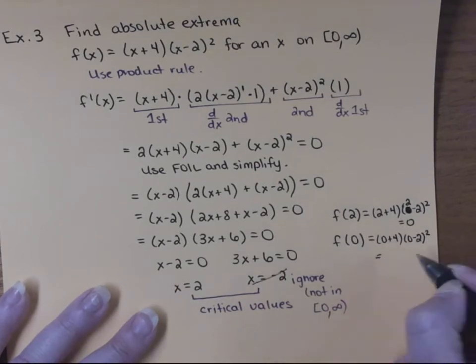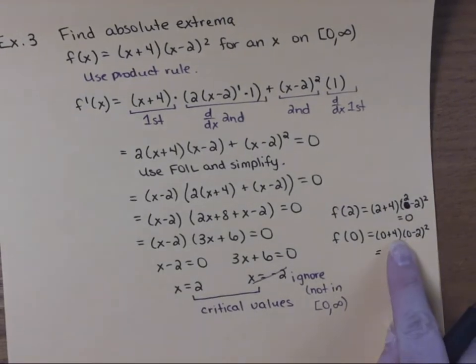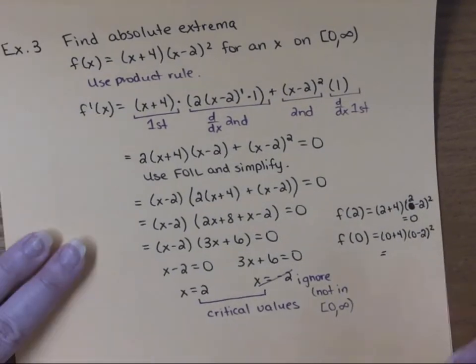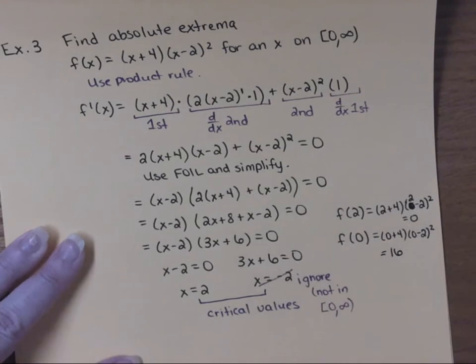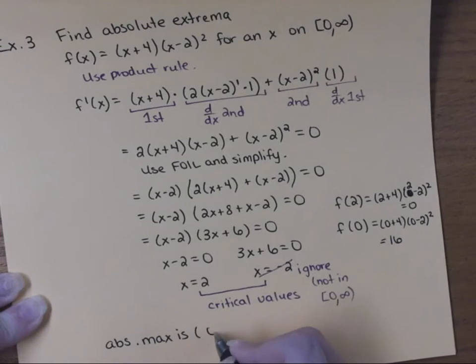So if you plug in 2, you get 0. And if you plug in 0, you get negative 2 squared, which is 4, times another positive 4, which is 16. So notice we have a clear biggest and smallest. The absolute max in the interval that I was given is going to be (0, 16), and the absolute min is going to be (2, 0).